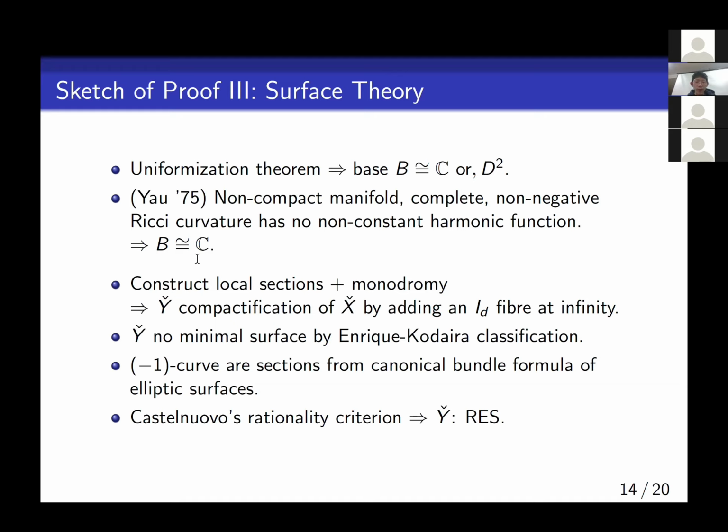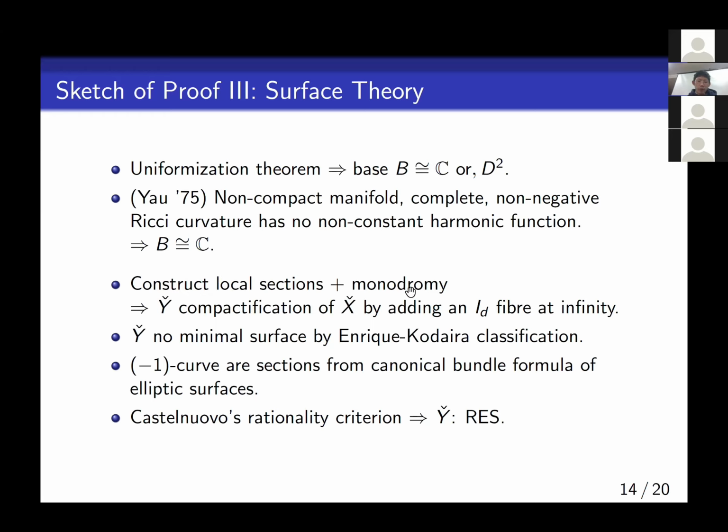With this, algebraic geometry can come into play, because using analysis we construct local sections of this fibration. A priori, this is not really an elliptic fibration yet. It's a genus 1 fibration, because X-check is a priori very transcendental.